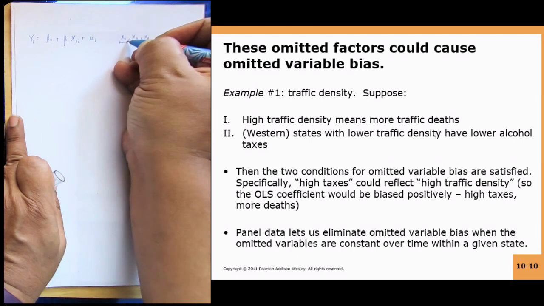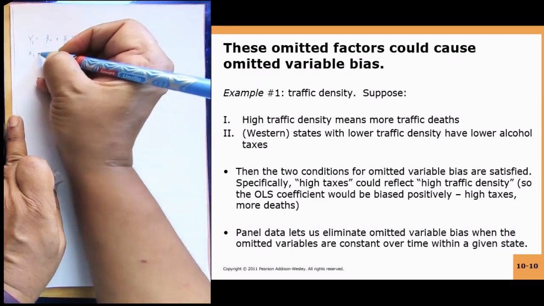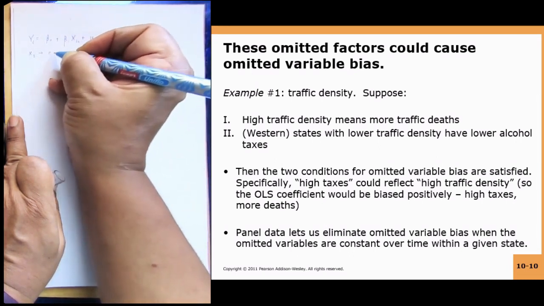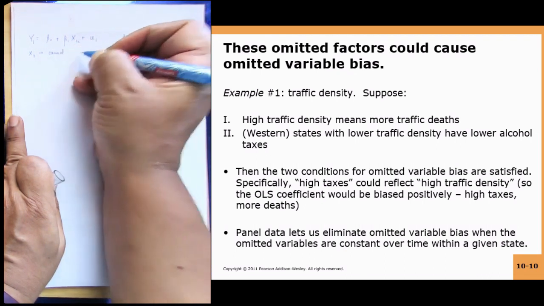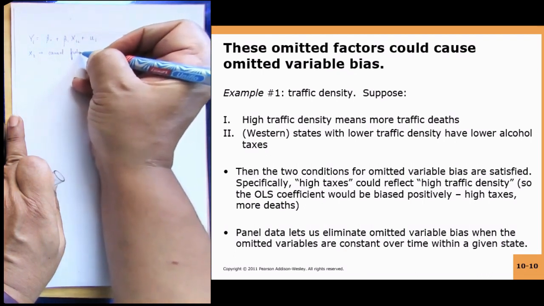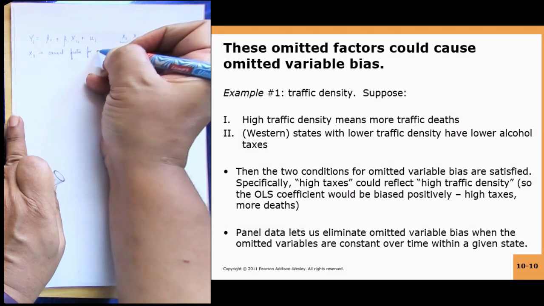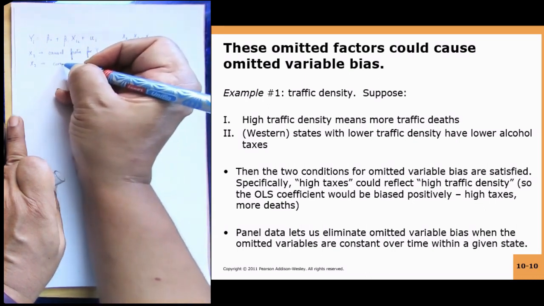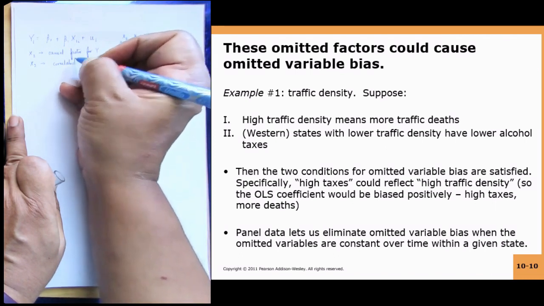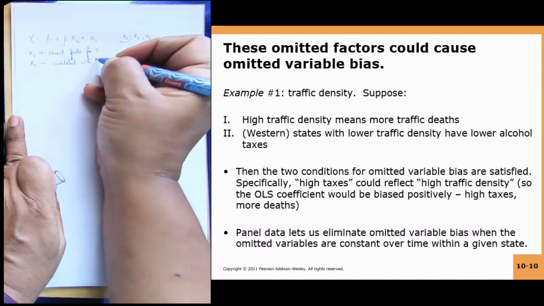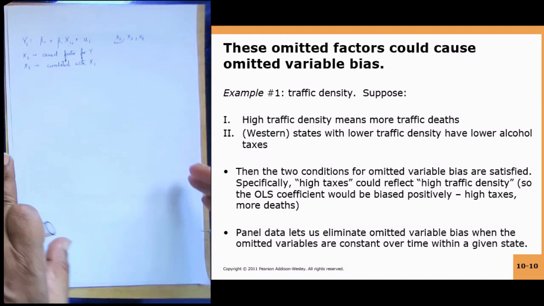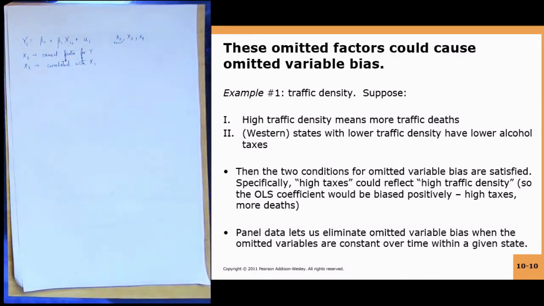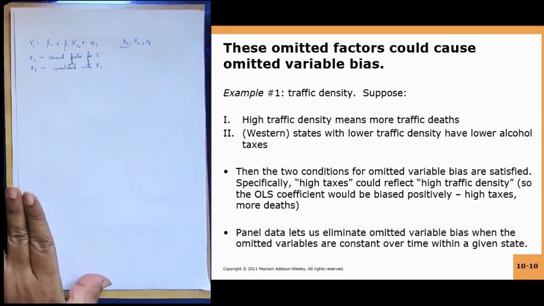For x2 to be an omitted variable, x2 should be a causal factor for y. It should have causation for y, and x2 should be correlated with x1. These are the two conditions for x2 to be an omitted variable.